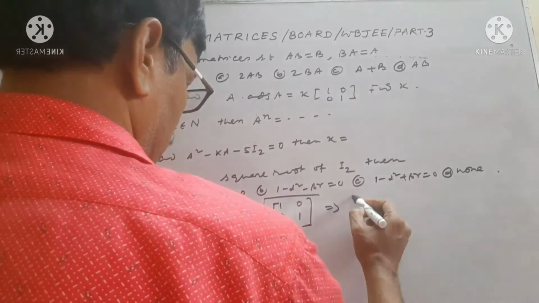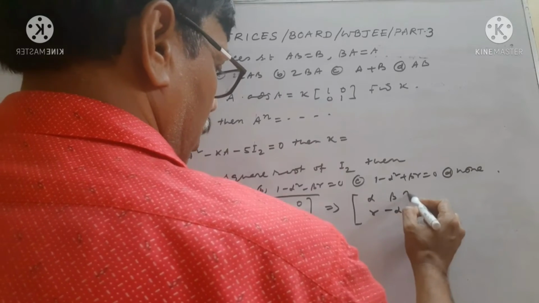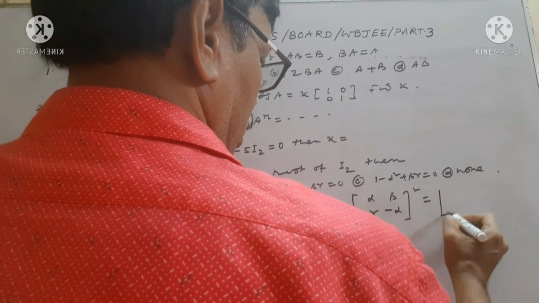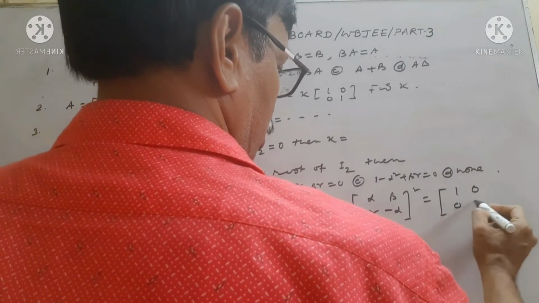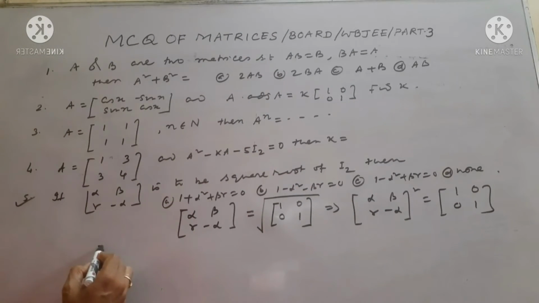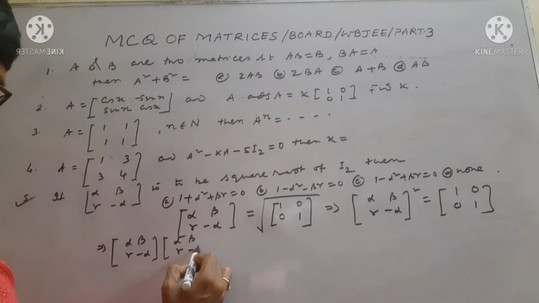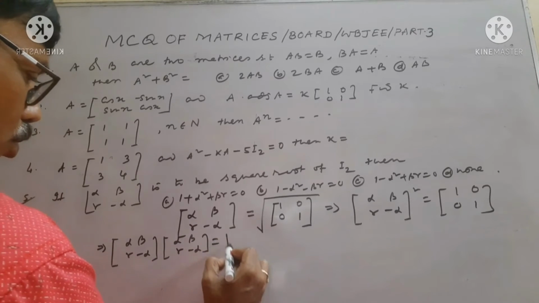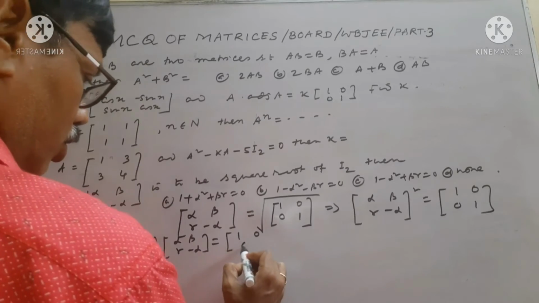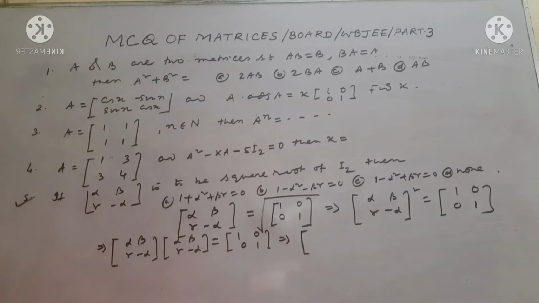So what are we getting? [alpha, beta; gamma, minus alpha] whole square equals [1, 0; 0, 1]. Now this is equivalent to [alpha, beta; gamma, minus alpha] times [alpha, beta; gamma, minus alpha] equals the identity.